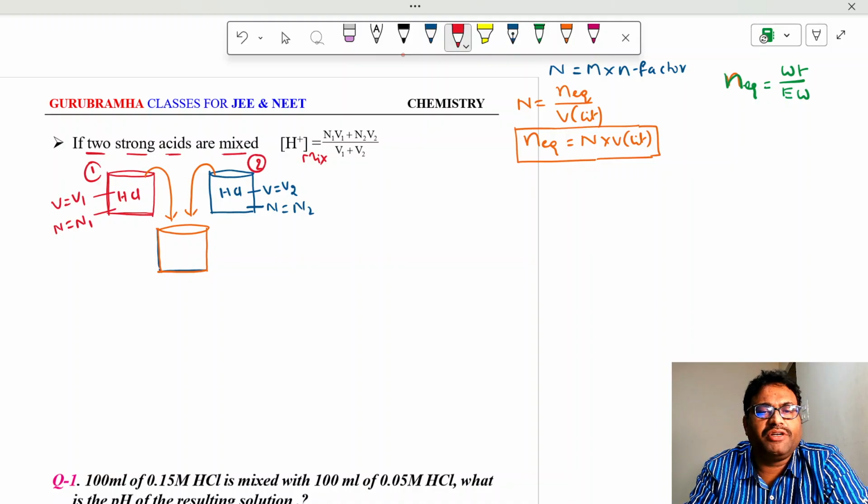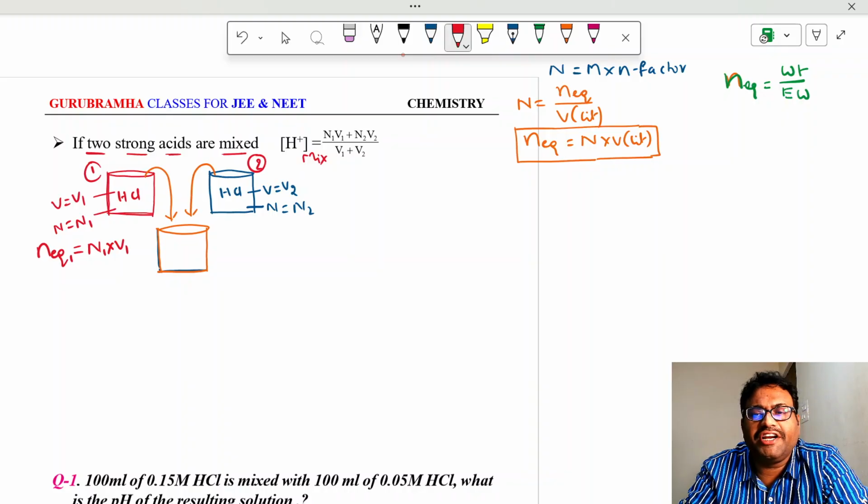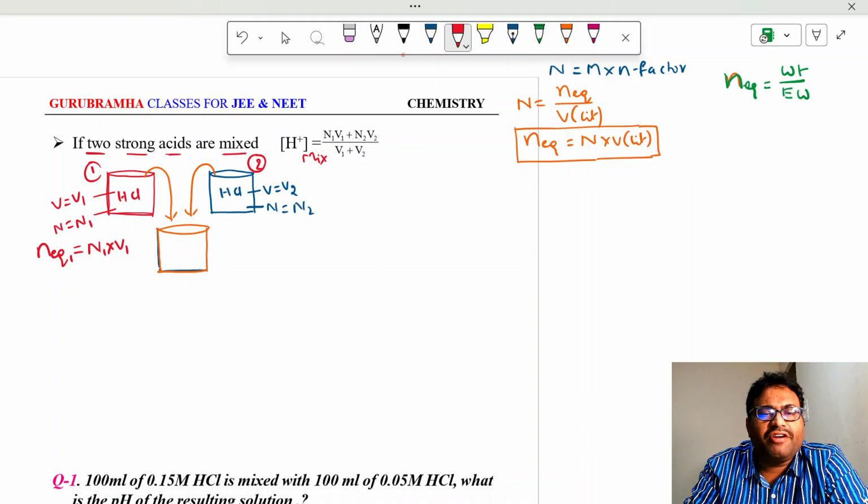That is the reason why we have mentioned V1, N1, V2, N2. The number of equivalents of solution 1 is equal to N1 into V1. The number of equivalents of the second solution is equal to N2 into V2.